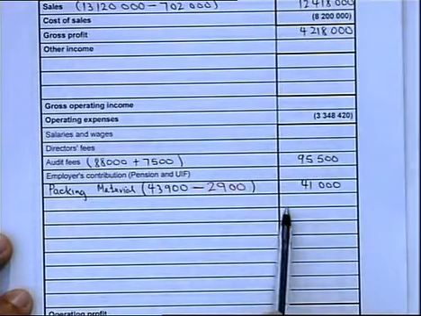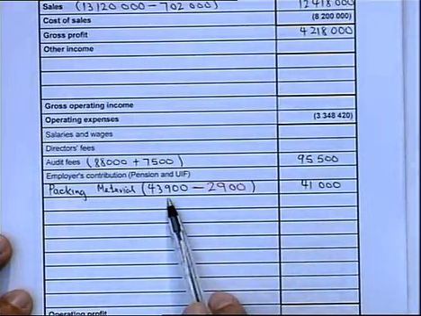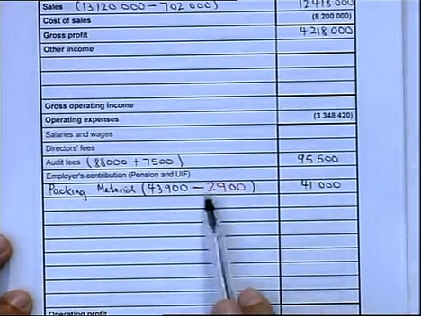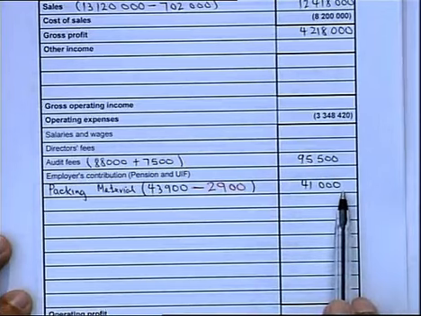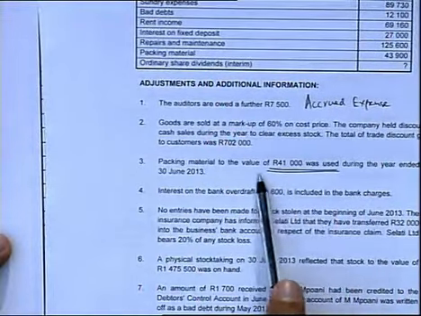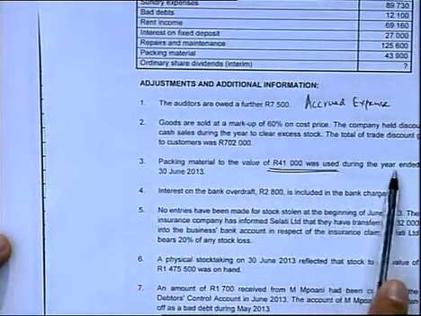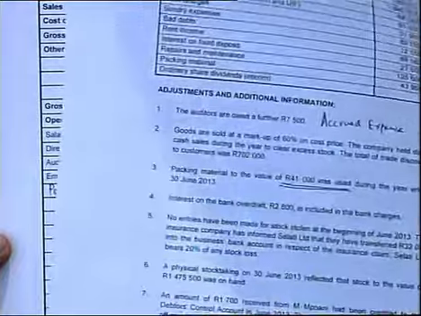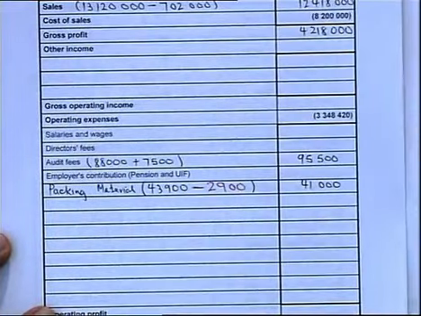Normally the adjustment is, that's the amount of packing material, and 2,900 is on hand. Then we have to subtract to get the amount that was used. In this case, the adjustment said that packing material of 41,000 was used during the year. That's why the 41,000 will be the answer in your income statement as the expense for the year.